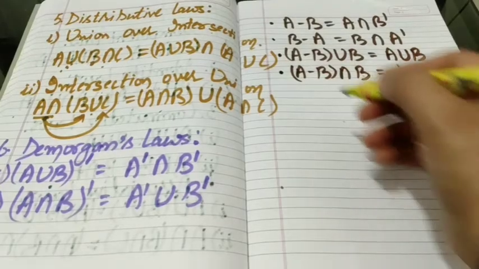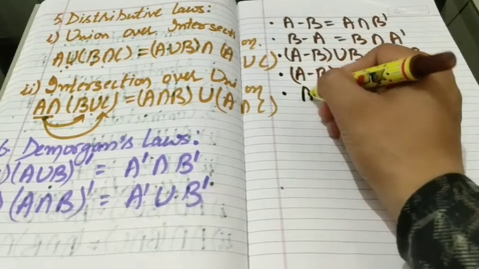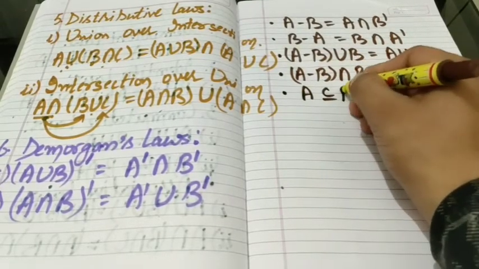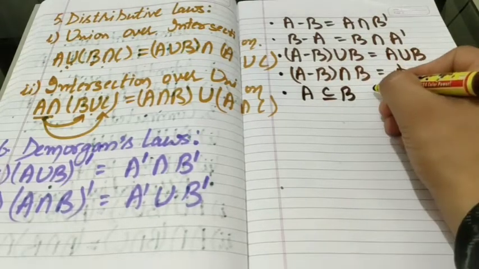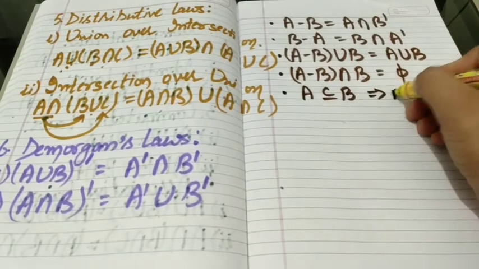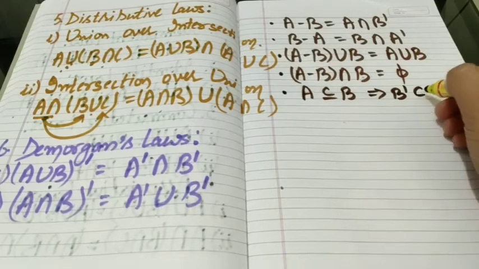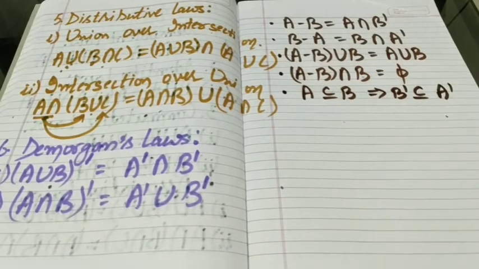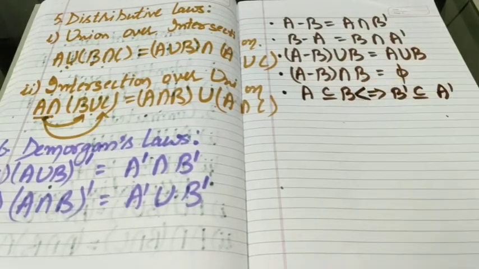Next, if set A is a subset of set B, then B complement is a subset of A complement and vice versa. This is the sign of double implies.